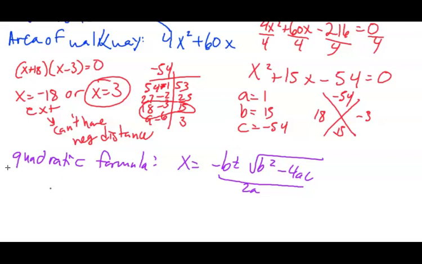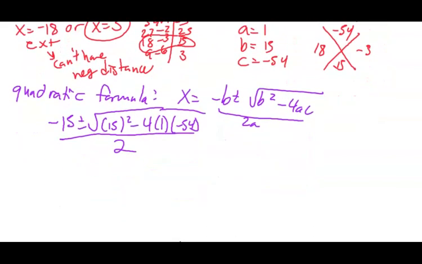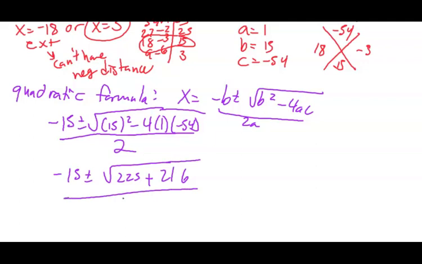So x equals negative 15 plus or minus the square root of 15 squared minus 4 times 1 times negative 54, all over 2 times 1. Which is negative 15 plus or minus the square root of 225 plus 216, all over 2.